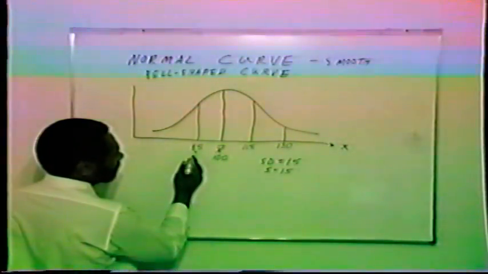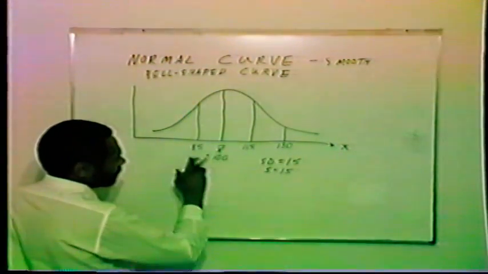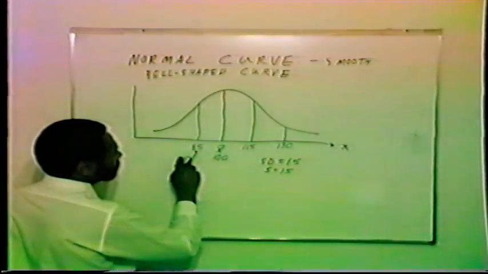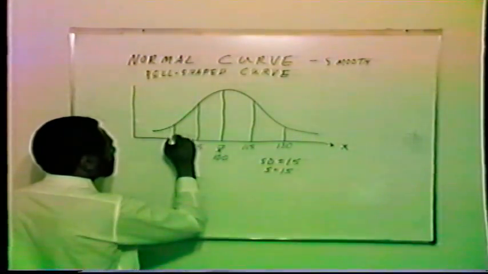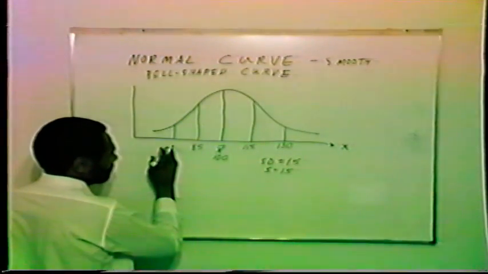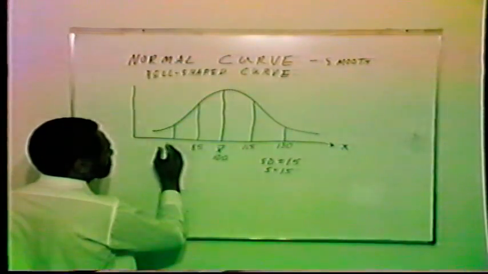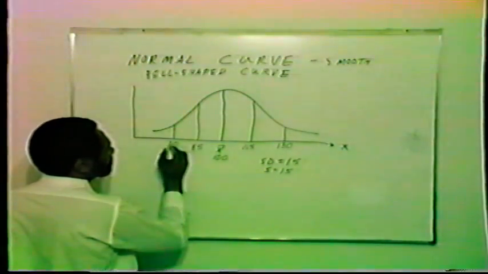So a score of 85 on this standardized test would be one standard deviation below the mean. And if we subtract again, we would be two standard deviations below the mean, and that would give us 70.